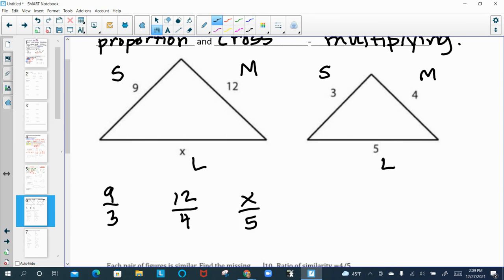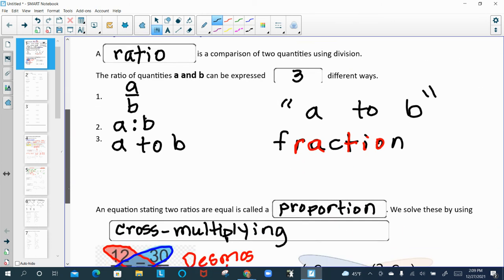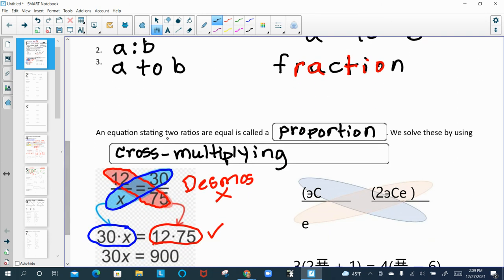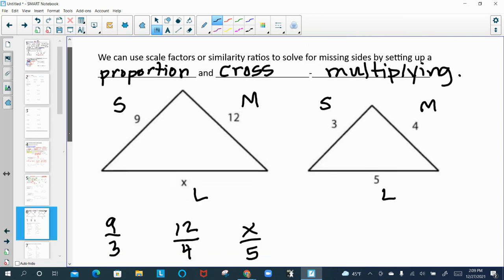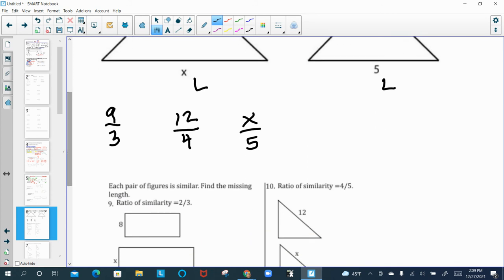Okay? Now, when we write a proportion, if you remember back on day one, we only needed 2 ratios. And if you look at our particular situation here, well, we have 3. That's kind of interesting.